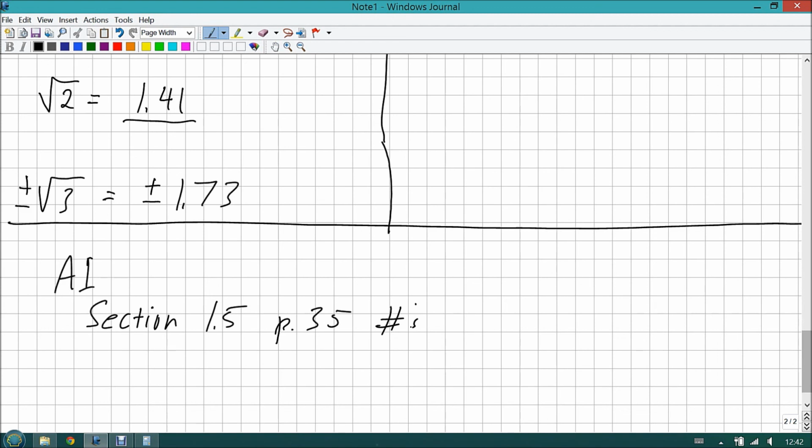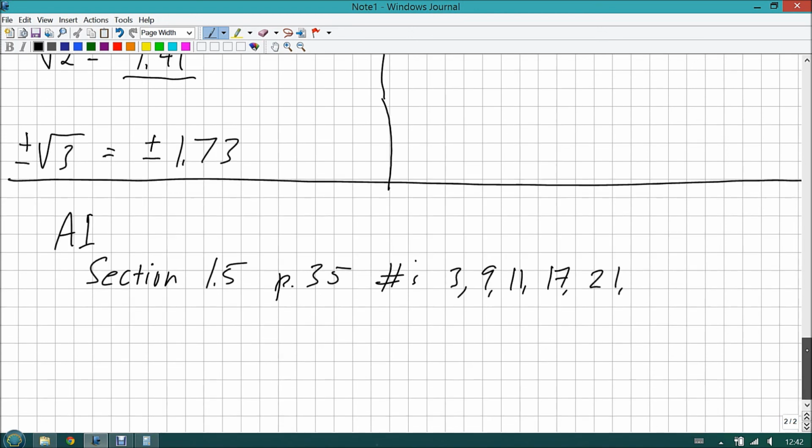So let's go ahead and try these. We're going to be looking at numbers 3 because it's cool, 9, 11, 17. Now these are cubed roots. I hope you can find those out on your own, because part of being a good mathematician is figuring things out. 21.